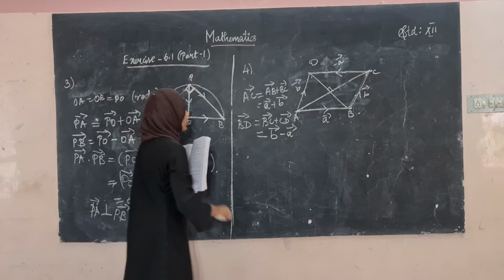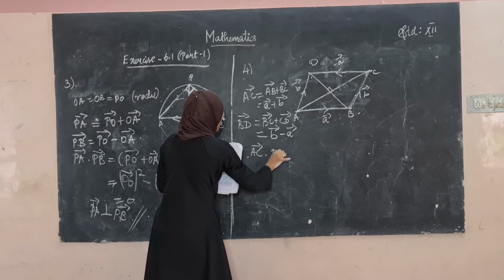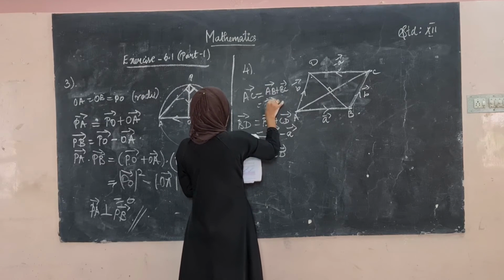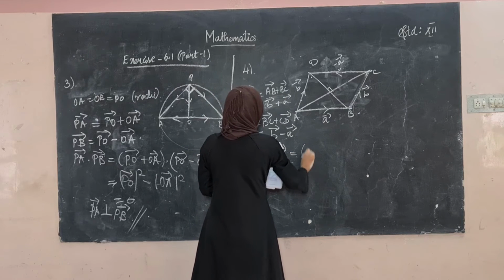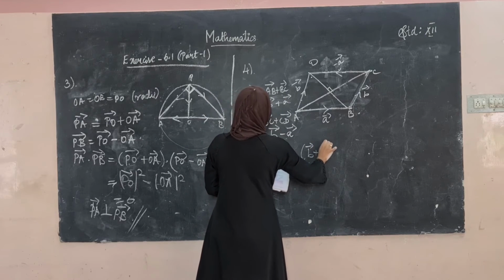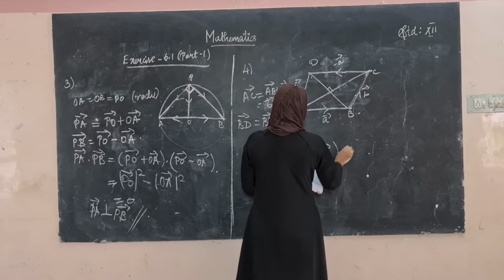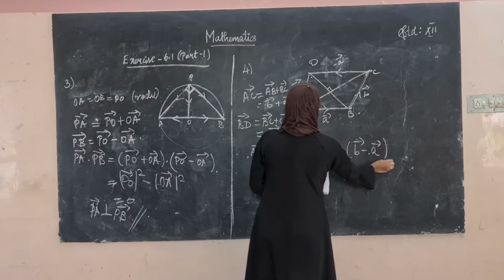Okay, so now we can take this AC vector dot BD vector. See, AC vector can be written as B vector plus A vector, right? Which is equal to B vector plus A vector dot B vector minus A vector. What is this?